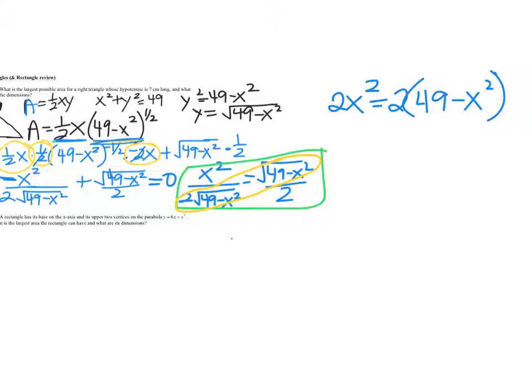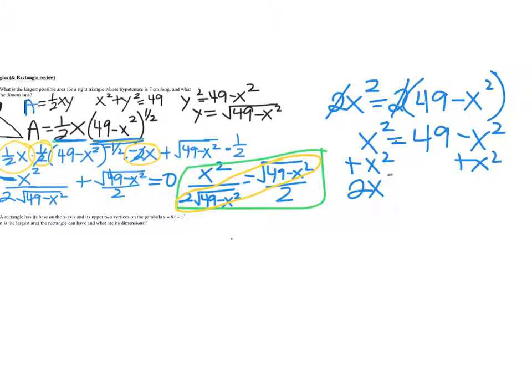All right, so let's divide both sides by 2, and now I have x squared equals 49 minus x squared. We're going to add x squared to the other side and get 2x squared equals 49.